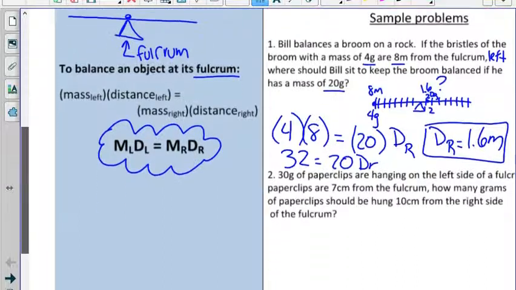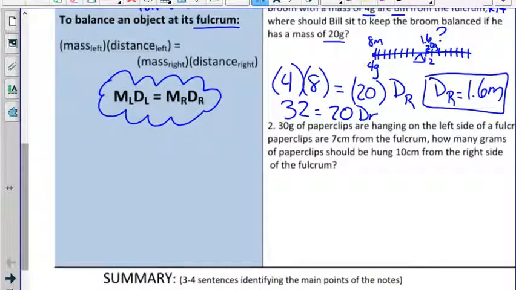All right, let's do the next example. This one says 30 grams of paper clips are hanging on the left side of a fulcrum, and the paper clips are 7 centimeters from the fulcrum on the left. How many grams of paper clips should be hung 10 centimeters from the right side of the fulcrum? All right, so let's draw this out.